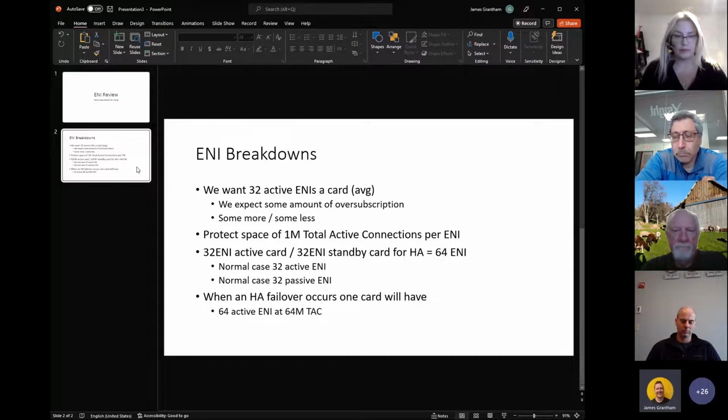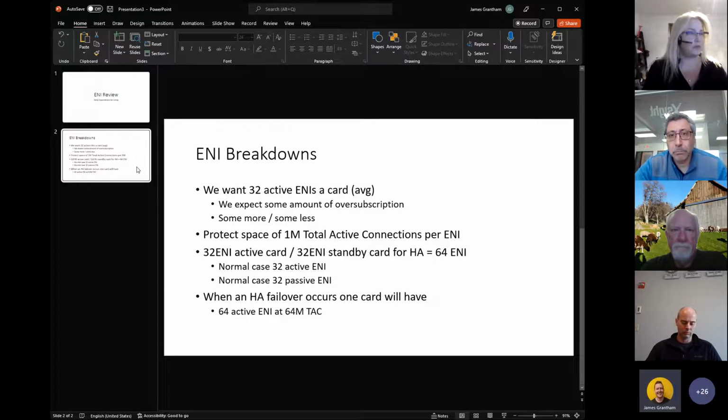And so what that means is you inherit the flow table of the other ENIs. While we use this 1 million total active connections and these 32 ENIs, when you consider HA, that takes you to needing the memory footprint of a flow table that is essentially 64 ENIs.